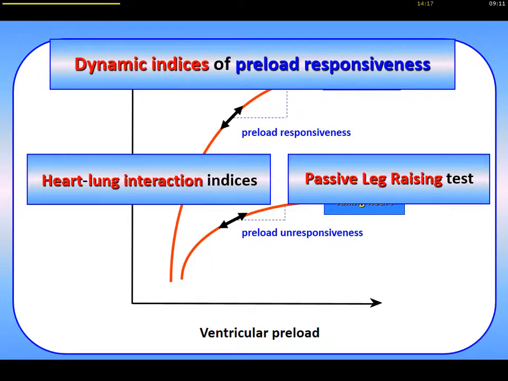So you need 2 points, and to have 2 points, you need to test moving the preload, and at the same time calculate stroke volume or cardiac output. Then you can have the slope. We can use heart-lung interaction indices to do this. We can also use passive leg raising.